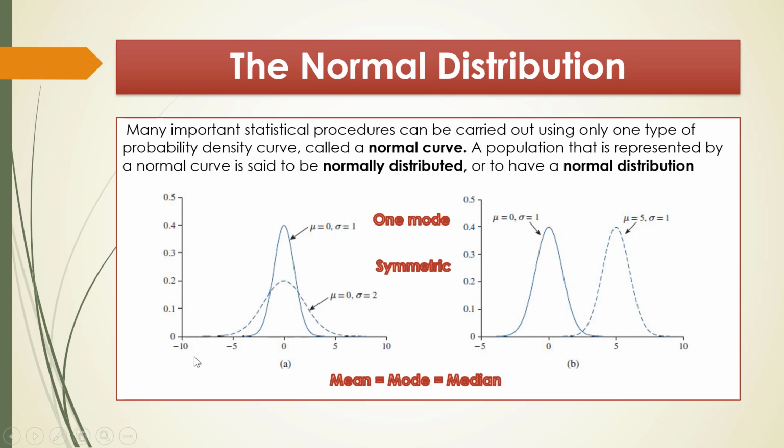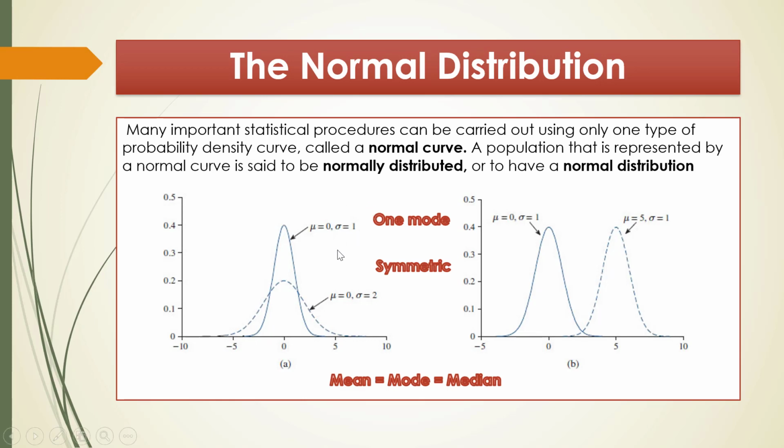That's why for the normal curve we have 2 parameters. The first parameter is the location parameter, denoted by the mean. The mean mu is where the normal curve is centered. And the second parameter is the scale, sigma.